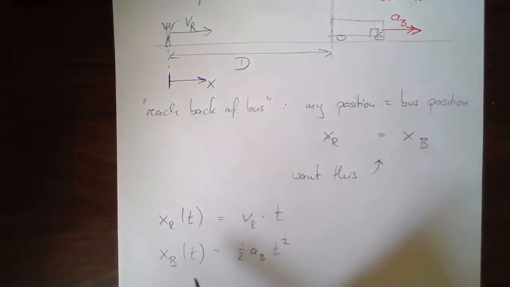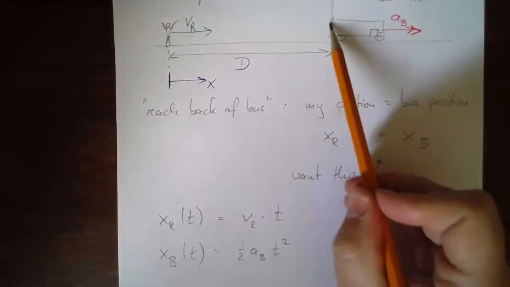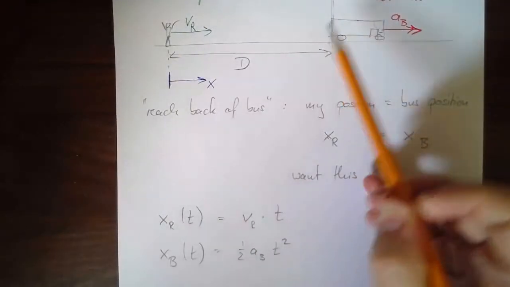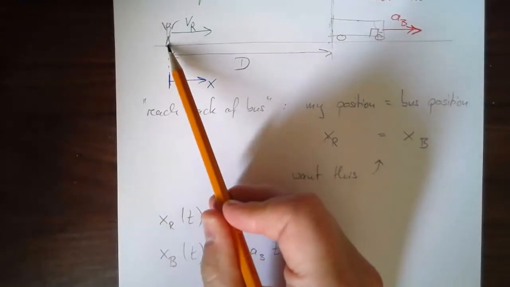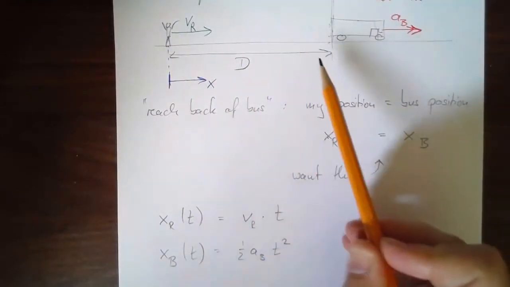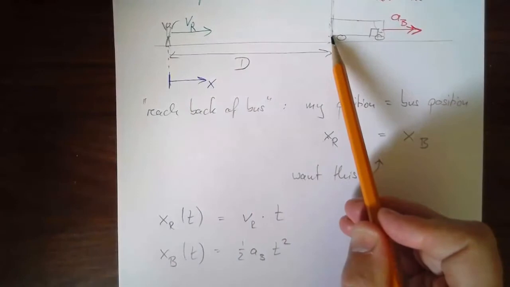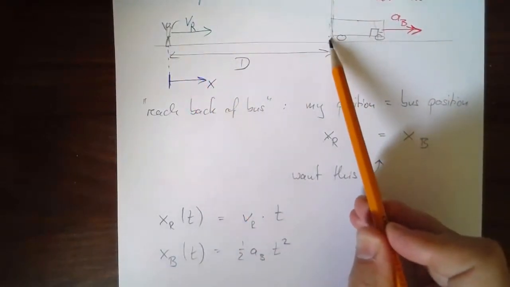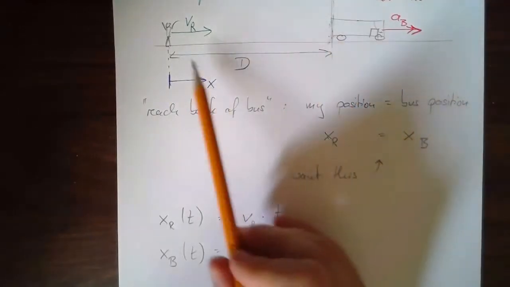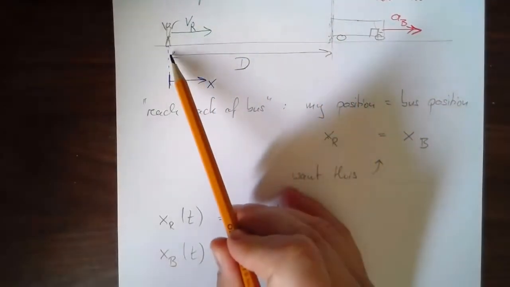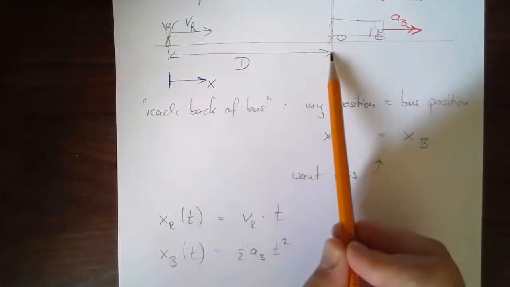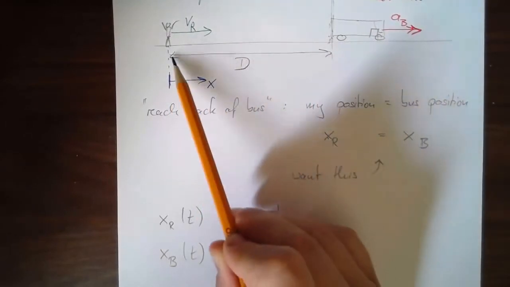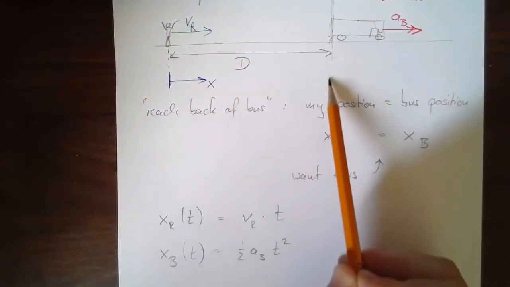Now, that alone isn't quite true, because the bus is not starting at the origin of my coordinate system. So at time t equals 0, the moment I turn the corner, the bus is already over here, because that's where the bus stop is. So where is that? Well, it is at the coordinate along my ruler, d. If d is 5 meters, then it would be at 5 on my ruler.